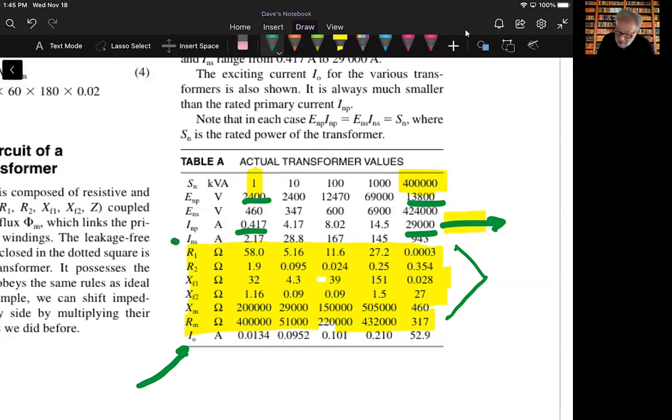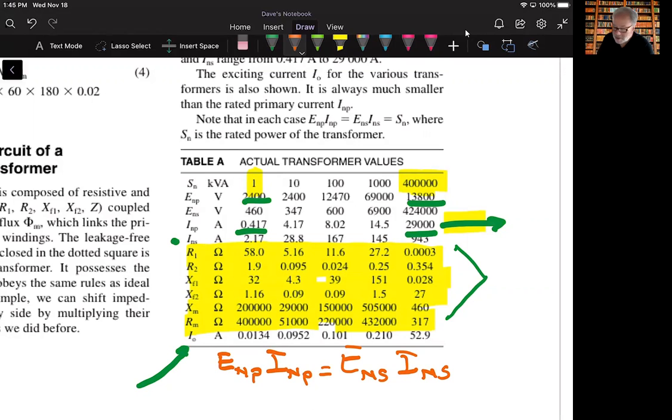We see that. And note that in each case, this is always going to hold true: E_NP times I_NP will equal E_NS times I_NS, because the power in equals the power out.